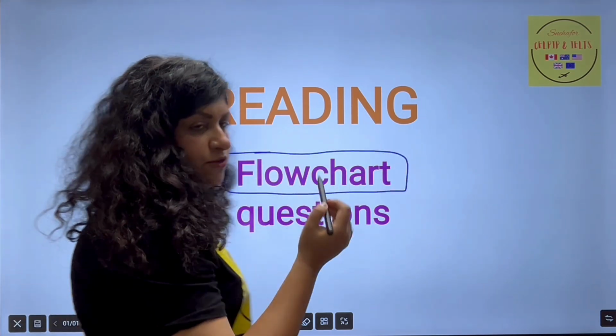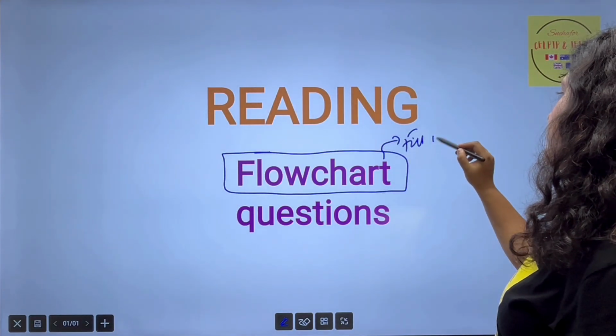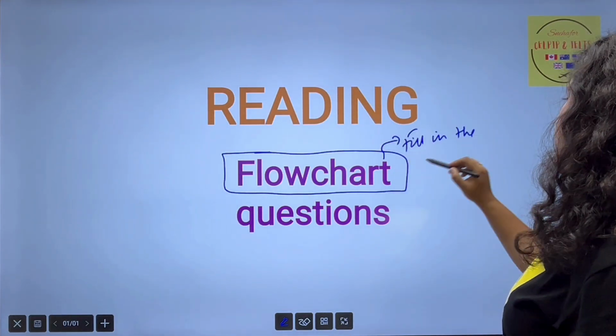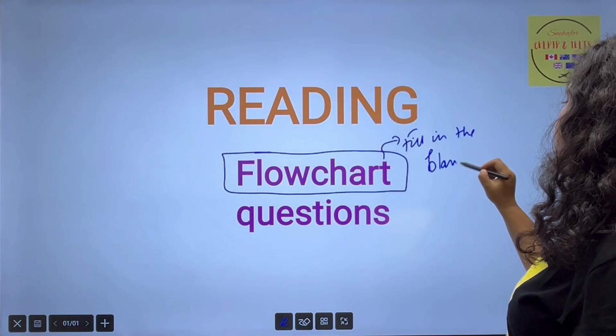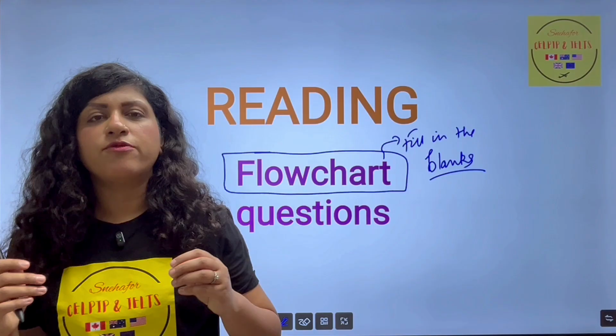Now flowchart types of questions are nothing but fill in the blanks. That is just another fancy name for them. It's just that the blanks in these types of question are given in the form of a flowchart.